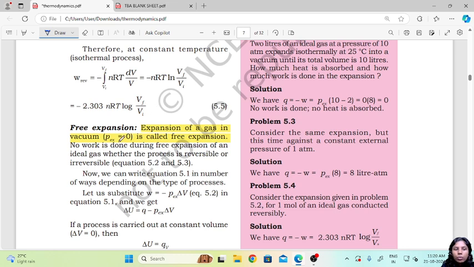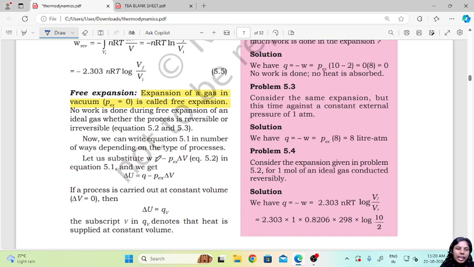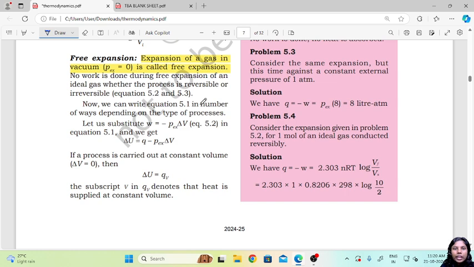Now what is free expansion? Expansion of a gas in vacuum where its external pressure is 0 is known as free expansion. So whenever the expansion of a gas is happening in vacuum, wherein the external pressure of the system is 0, it is called a free expansion.